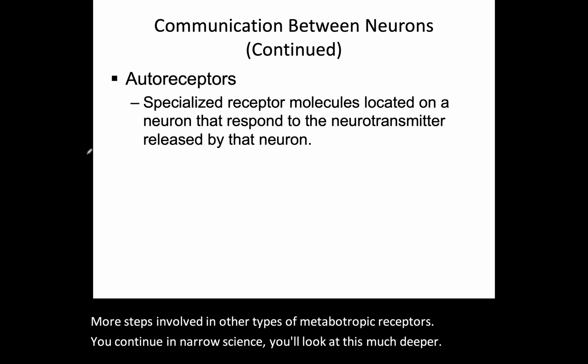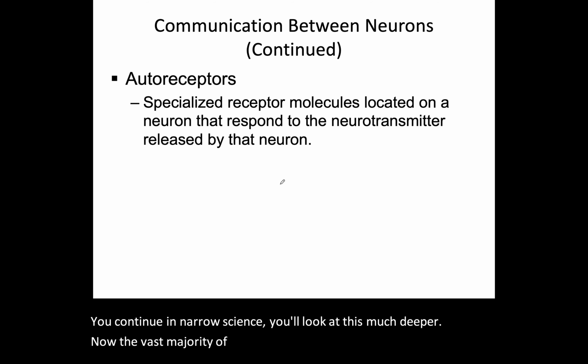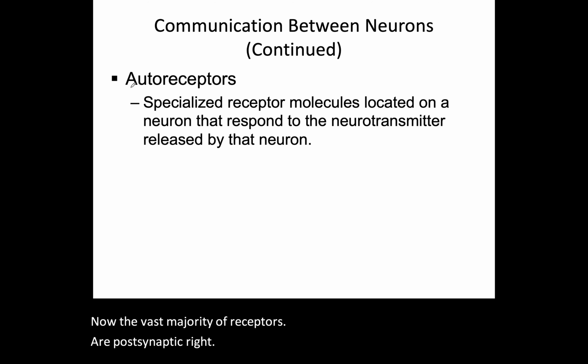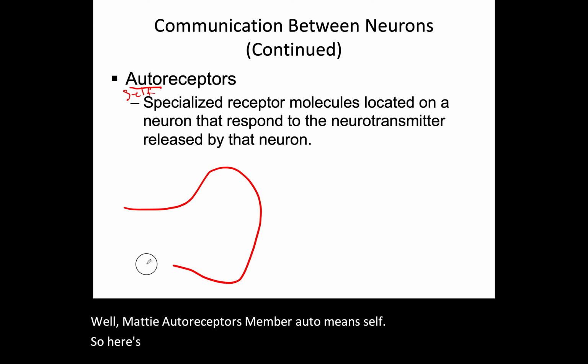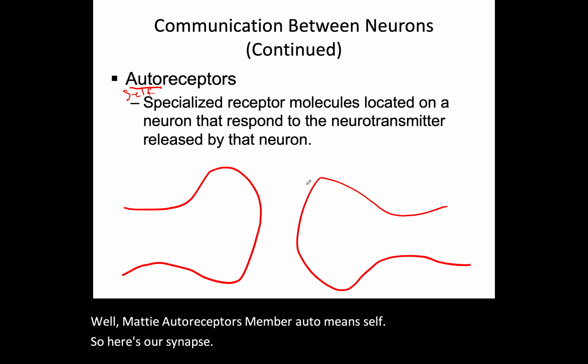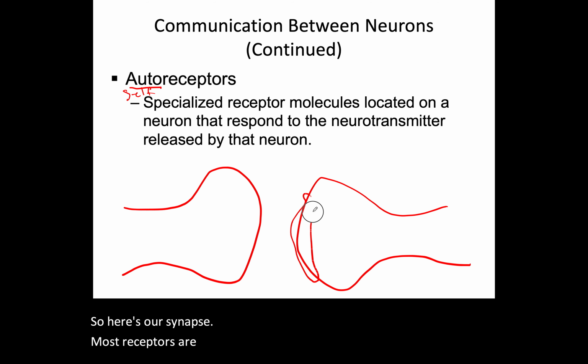Now, the vast majority of receptors are postsynaptic, right? Well, not the autoreceptor. Remember, auto means self. So here's our synapse. Most receptors are here, right? We talked about the postsynaptic density.